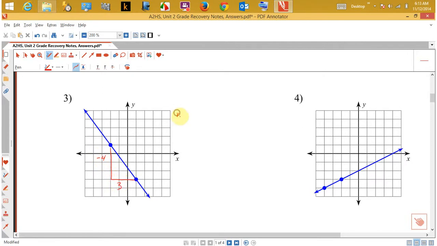So my slope is equal to negative 4/3. Now, if we instead went from this point to the point over here, we could go the other direction. We could go up 4, so the slope would be a positive 4. But then we would go to the left 3, and that would be a negative 3. So again, my slope would be negative 4/3.